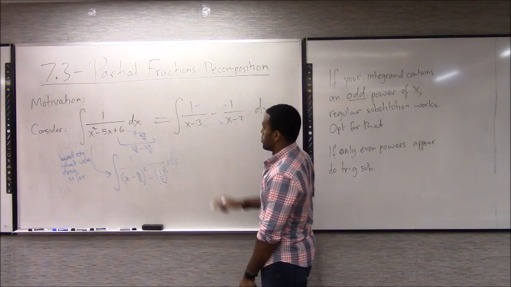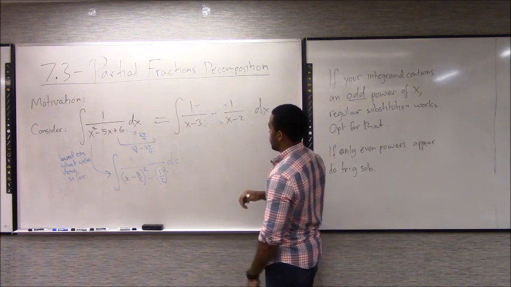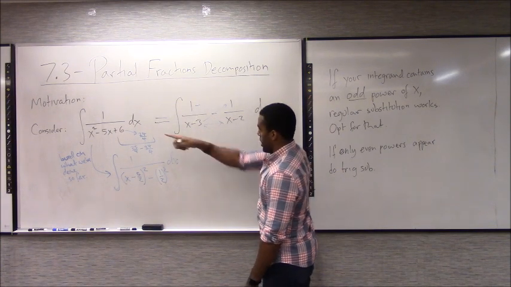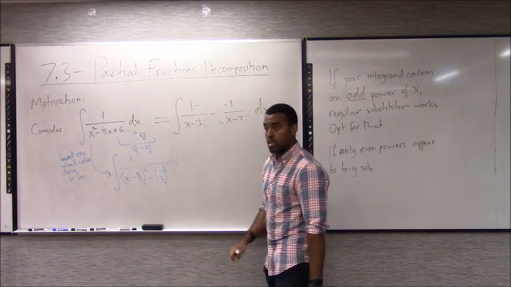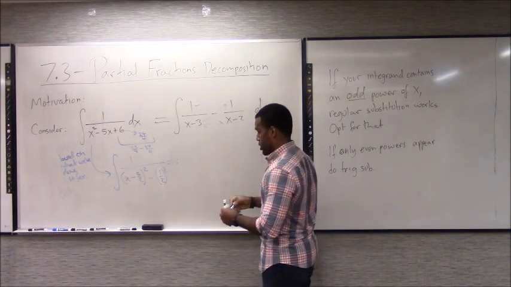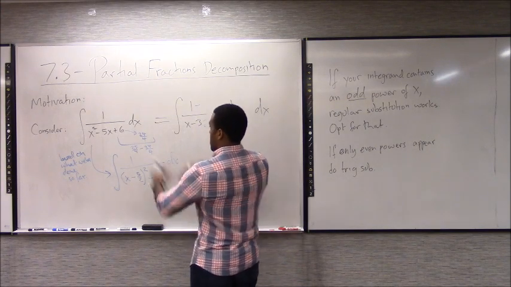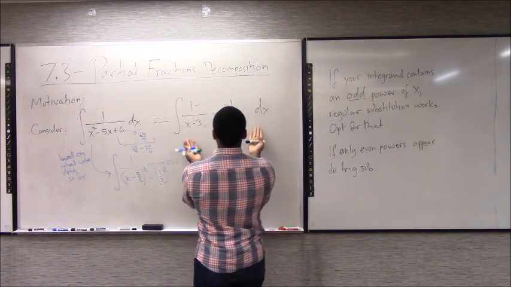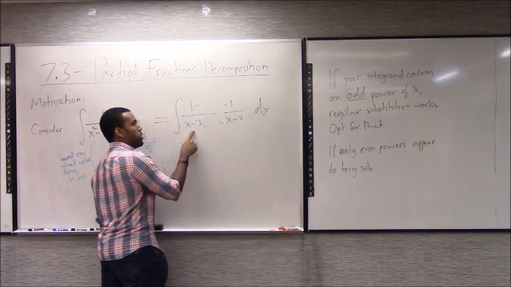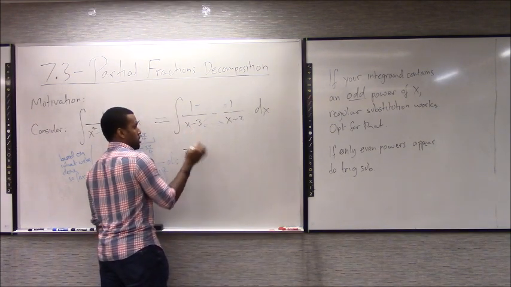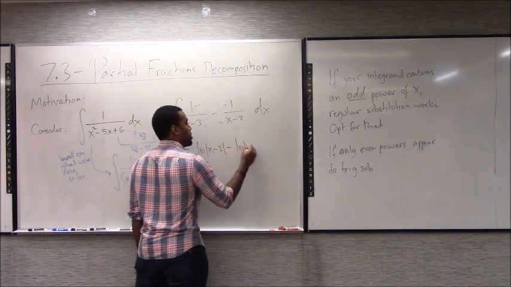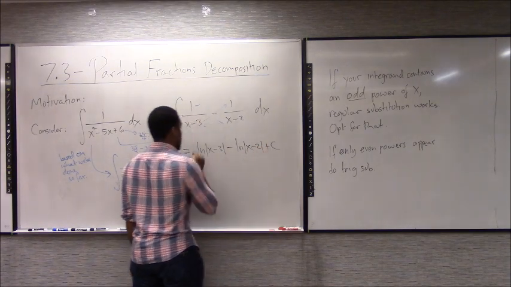Multiplying the denominators will give you x minus 3 times x minus 2, and that will give you x squared minus 5x plus 6. These two fractions add up to that fraction. And so, it turns out that if I see this, I could actually just think of it like that. Then, how would I integrate these individual components? What's the integral of this? ln of absolute value of x minus 3 minus ln of absolute value of x minus 2 plus c. And we're done.